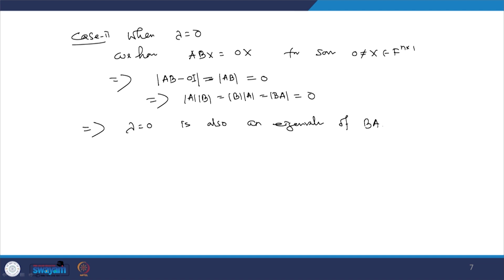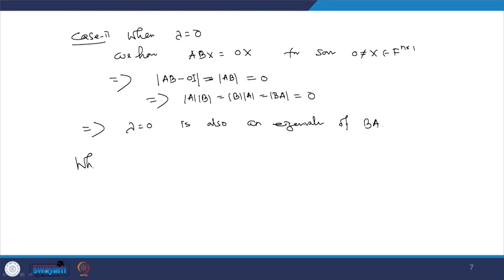So, we have seen that if lambda is an eigenvalue of the matrix AB or operator TU, then it is also an eigenvalue of UT or of BA.